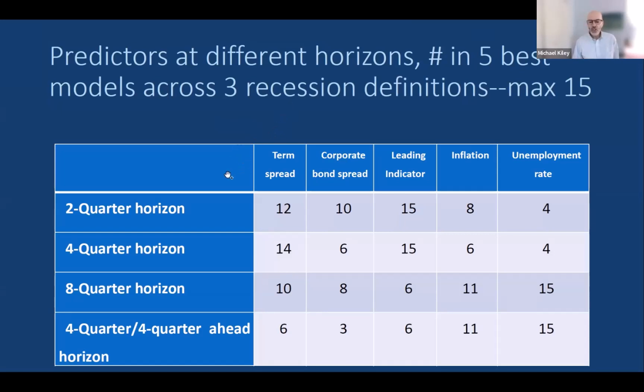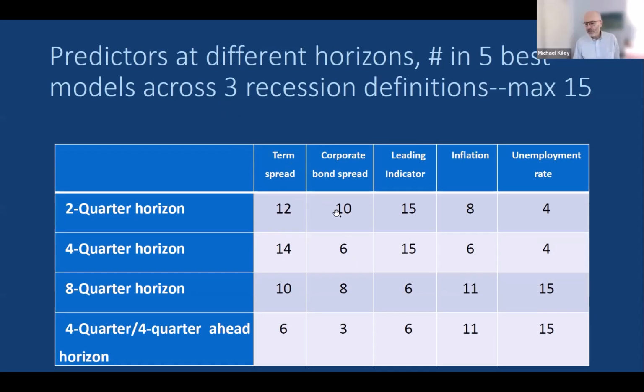So if one looks at short horizons, like 2 quarters or 4 quarters, what one sees is that the leading indicator, and this should be the case because of how they're constructed, is always among the best predictors at a 2 or 4 quarter horizon. The term spread is nearly always among the best predictors. It's near 15 at a 2 or 4 quarter horizon.